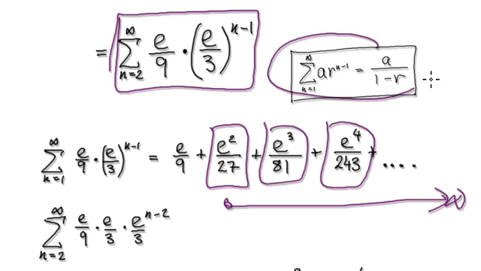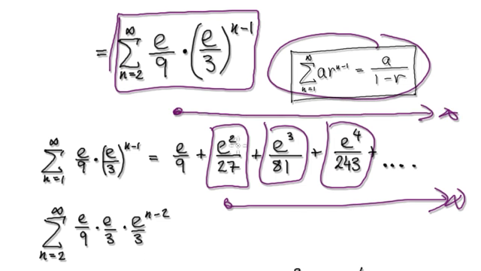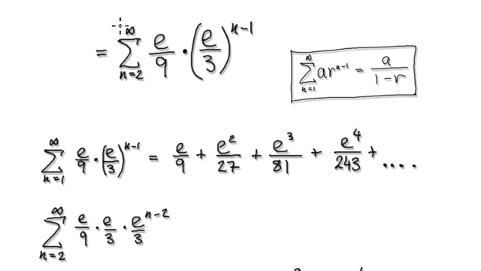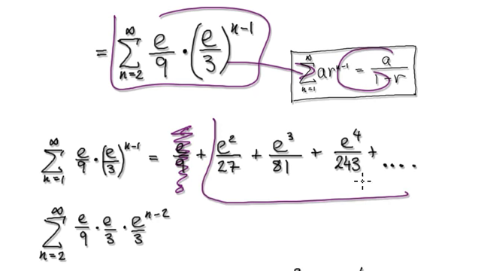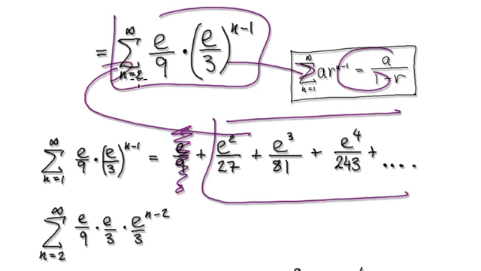But then in order for us to use this formula, we need to sum up from here all the way to infinity. So, well, the trick here, you could apply this formula and then simply take away this first term, and then all the rest will represent this.